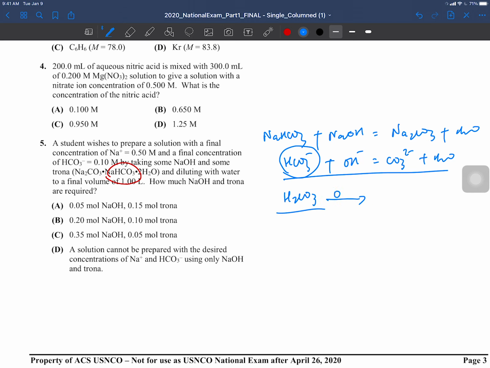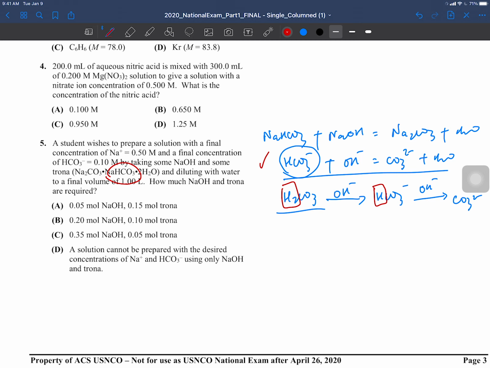Because if you add base to carbonic acid, first it will be neutralized into bicarbonate. And then if you have more hydroxide, it will be further neutralized into carbonate because you neutralize the protons one by one. So this is the way you interpret the reaction.